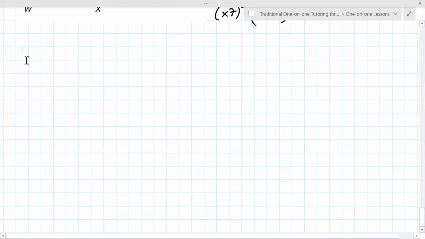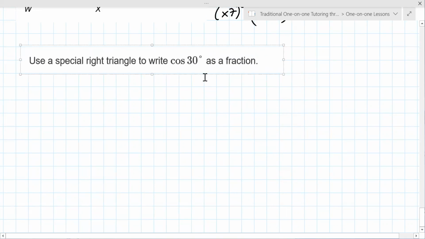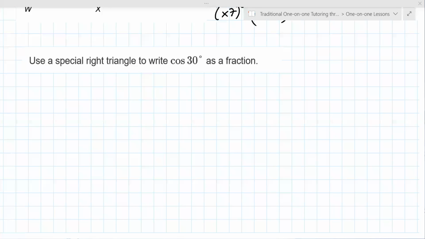It says use a special right triangle to write cosine 30 as a fraction. So here is your special right triangle. The way I do it, which I guess isn't all that great, but let's do it this way.